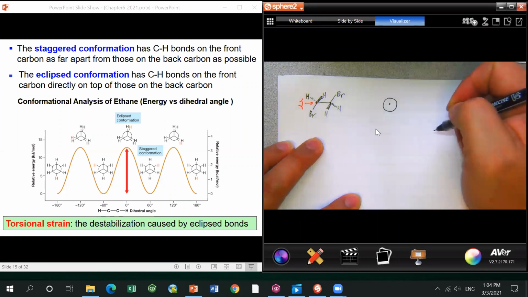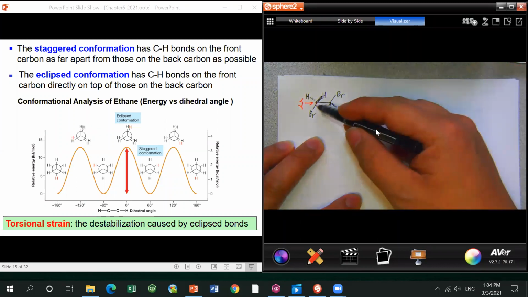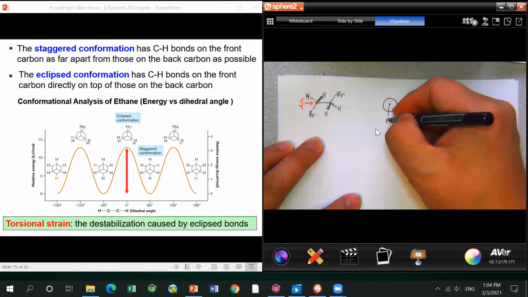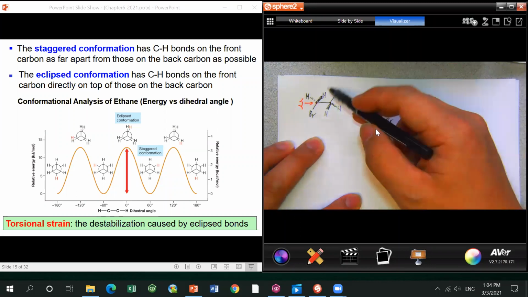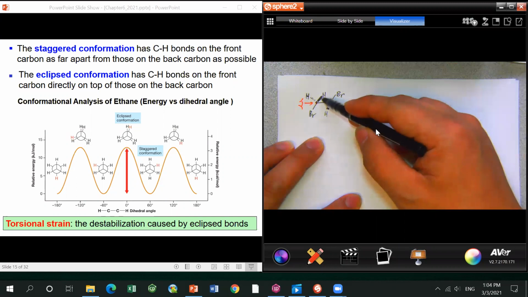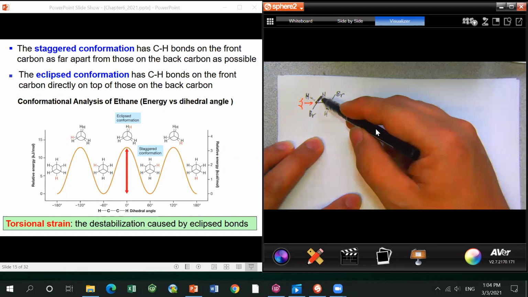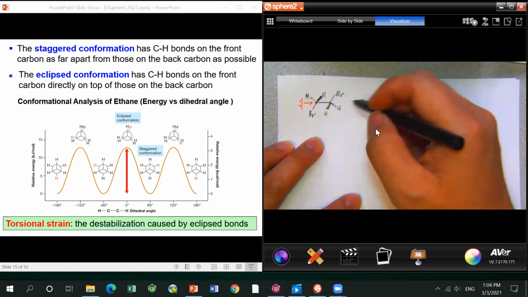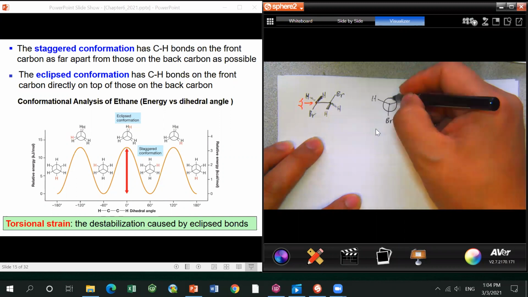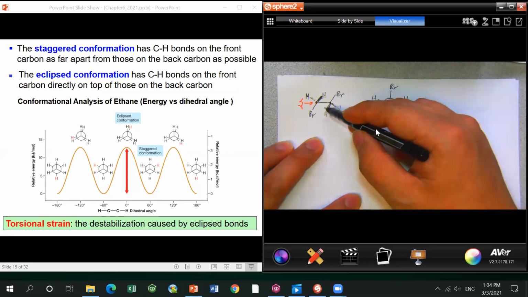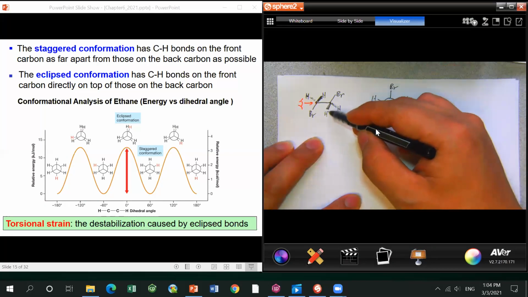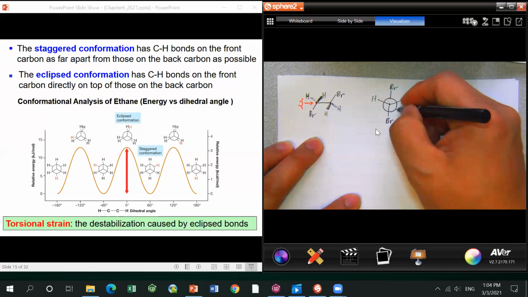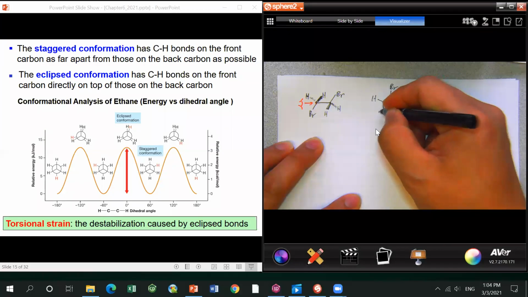For the front carbon, you have bromide going down, and then there are two hydrogens. The hydrogen pointing towards you, when you look through this direction, should be on your right, and another hydrogen on your left. For the back carbon, the bromide will be on the top, the hydrogen with the wedge bond should be on your right, and the dash bond on your left.